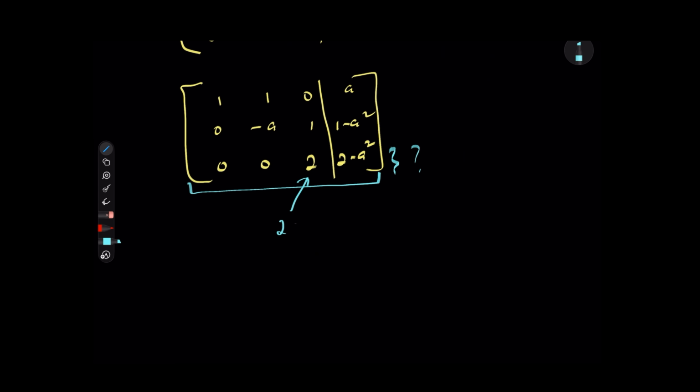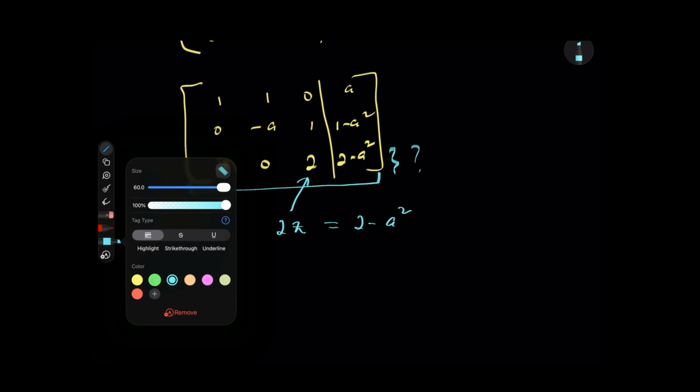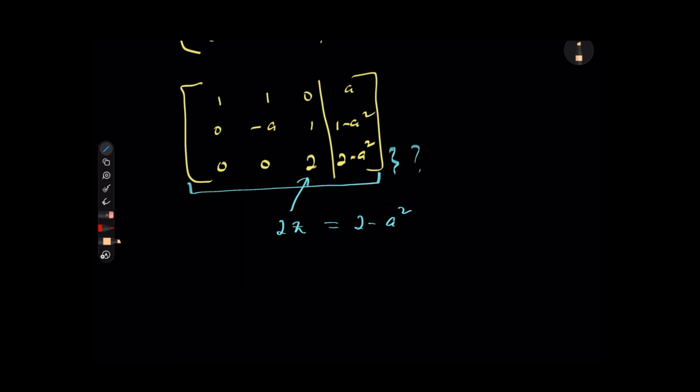So this is like 2z is equal to 2 minus a squared. If it has a unique solution, then this is what we want. We want this thing to look like 2z is equal to some scalar. Okay, so we want it equal to some number, right? That is what we want it to look like.